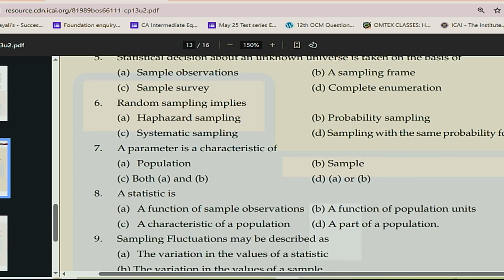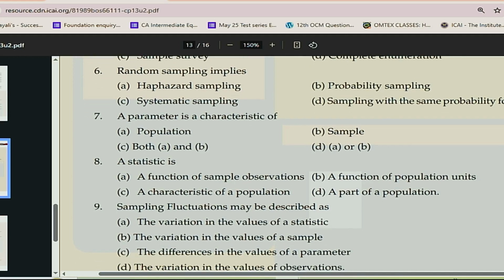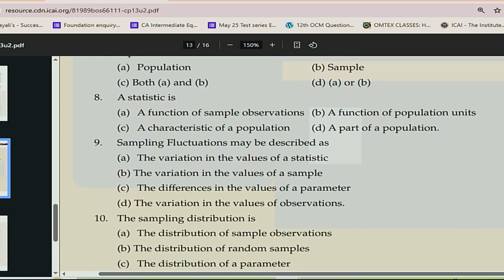A parameter is a characteristic of. Option A for the seventh one. A statistic is a function of sample observations, a function of population units, a characteristic of population or a part of population. A function of population units.